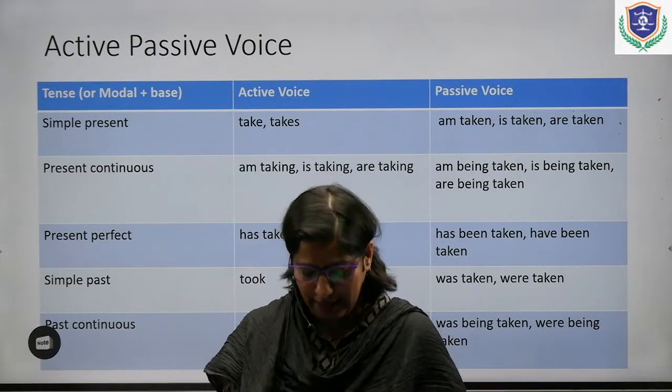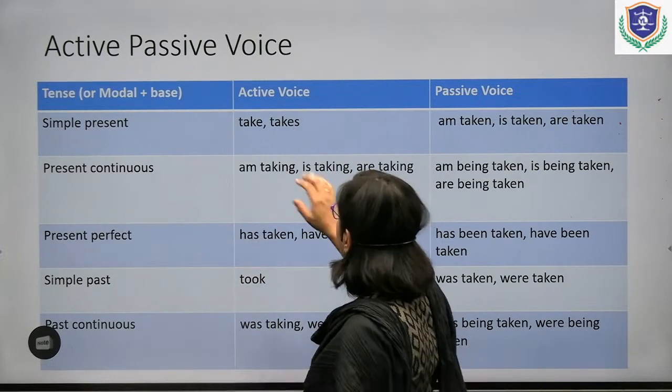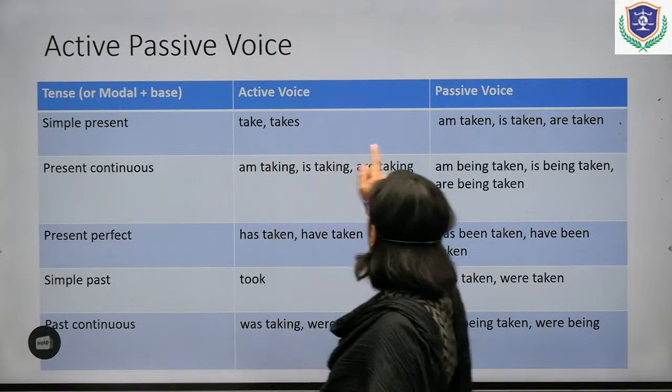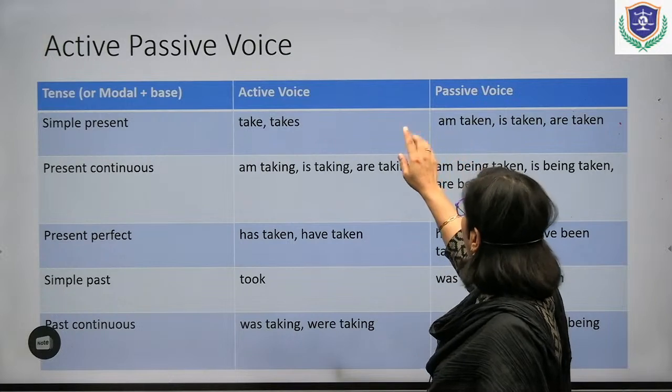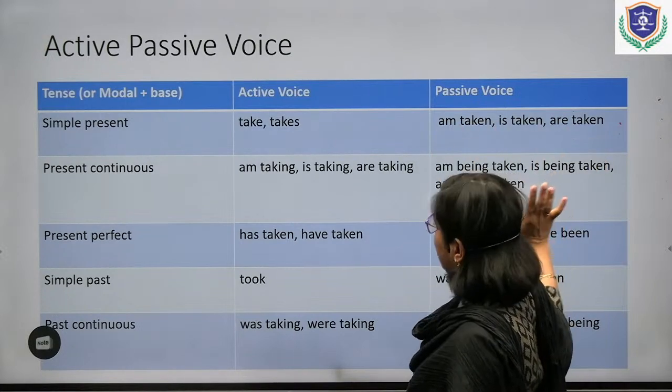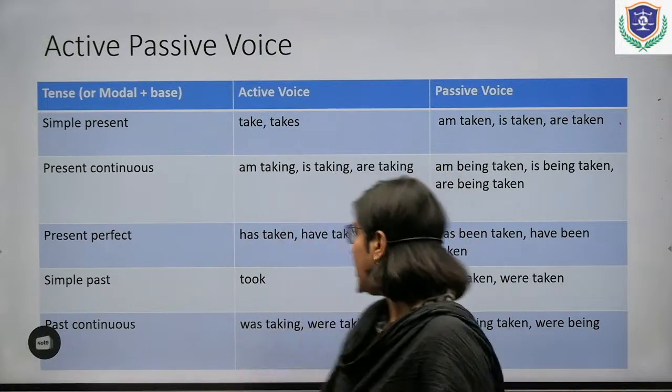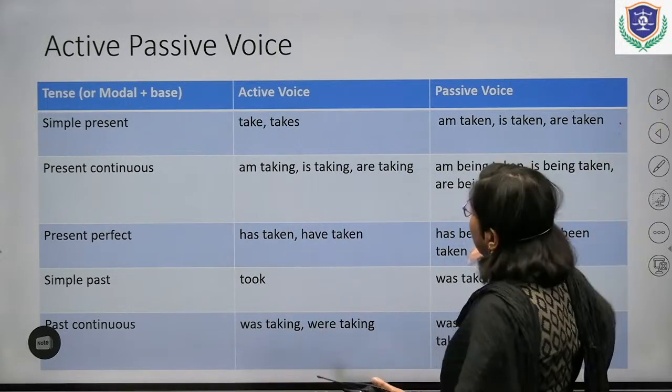So this is the form of the simple present tense. So takes will be changed into am taken, is taken, are taken. You need to follow this table, you need to memorize it by heart in order to understand it properly.